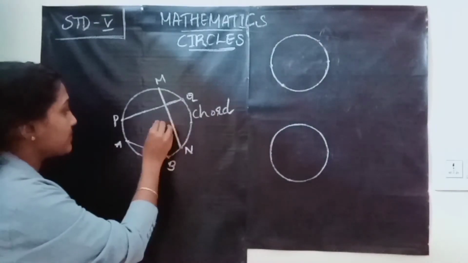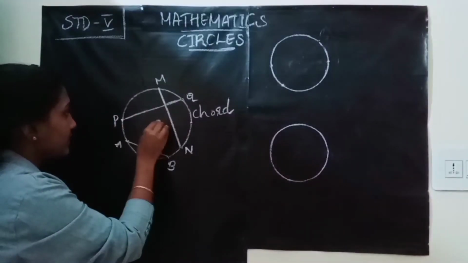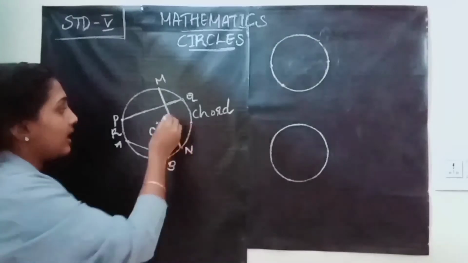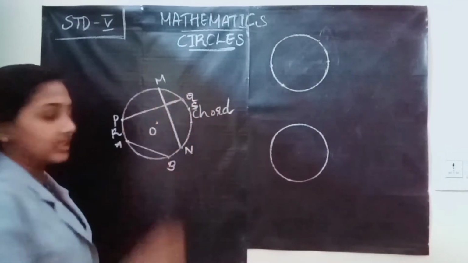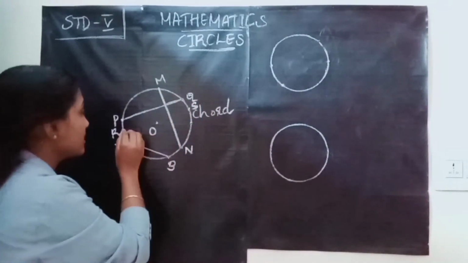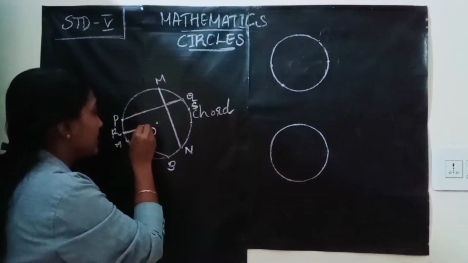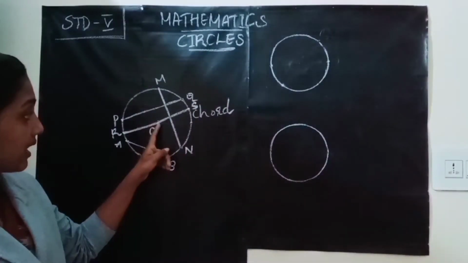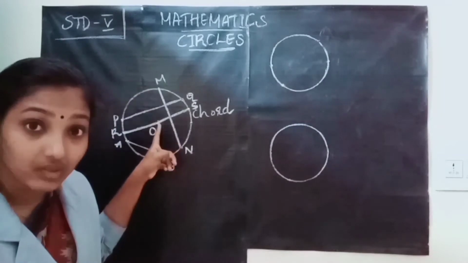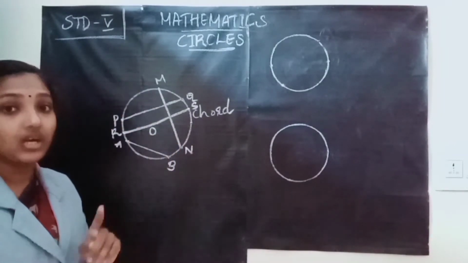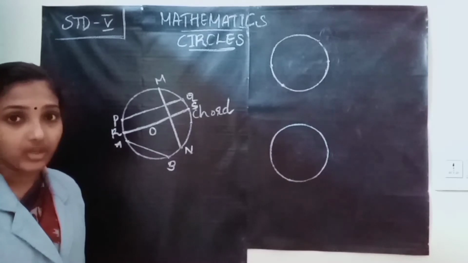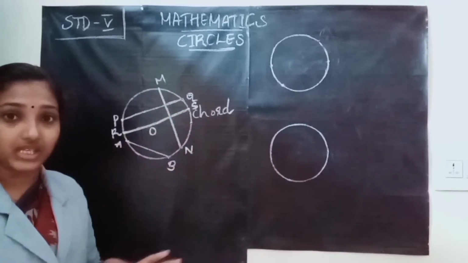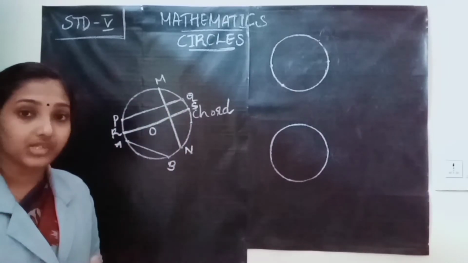And if I take a point R and a point S here and join these 2 points, look, I have joined these points and it passes through the center. Yes, it's our diameter. So the diameter of a circle is also a chord because it joins 2 points on the circle, and the diameter is the longest chord of a circle.